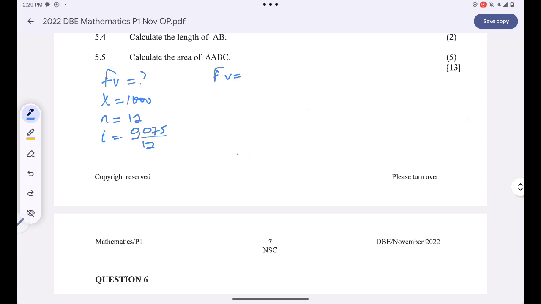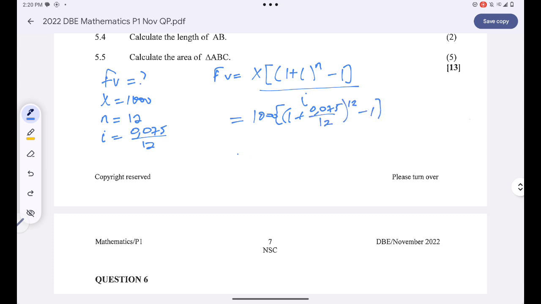So FV is equal to x[(1 + i)^n − 1]/i. The value of x is 1,000. 1 plus 0.075 all over 12 to the power 12, minus 1, all over 0.075 over 12.